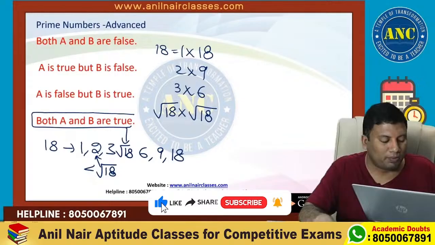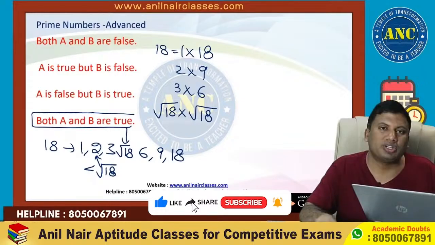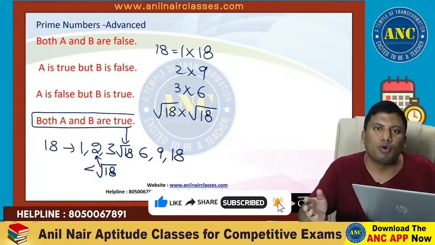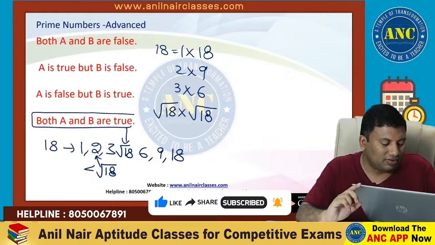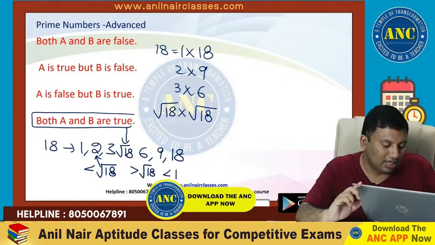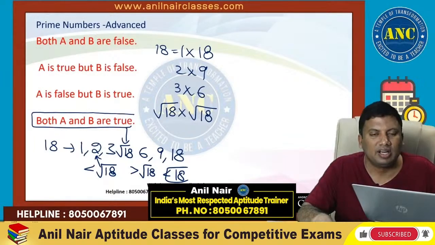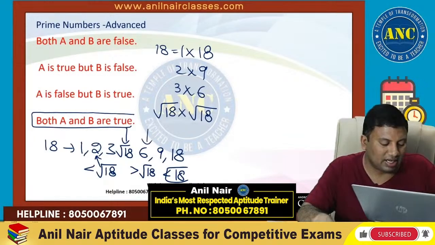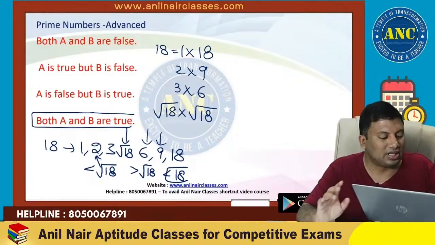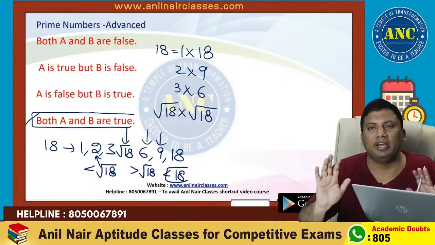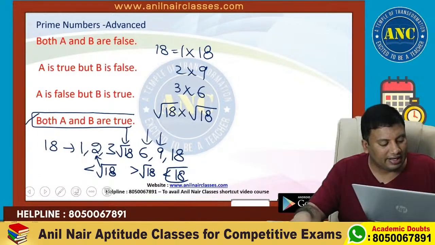What are all the positive integers less than 4.2? 1, 2, 3. Some of these will divide. Greater than root 18 and less than 18, that is greater than 4.2, 6 and 9 will divide. So the answer is both A and B are true. I hope the idea is clear.